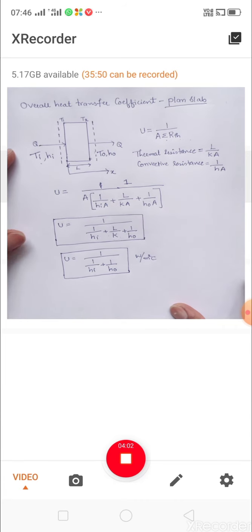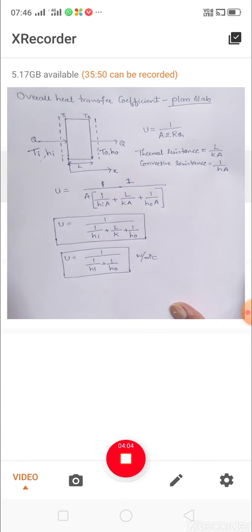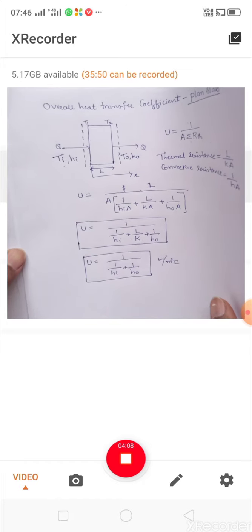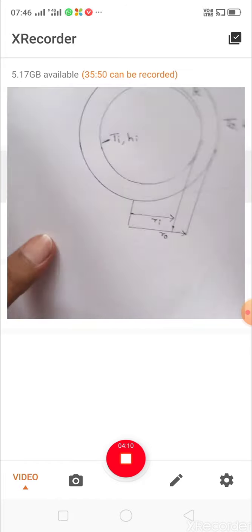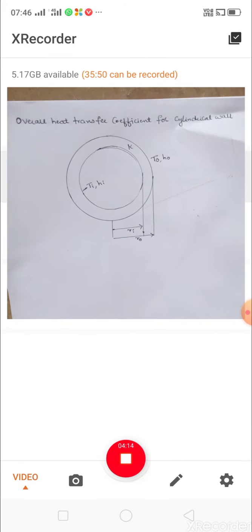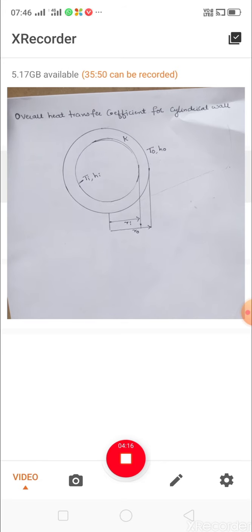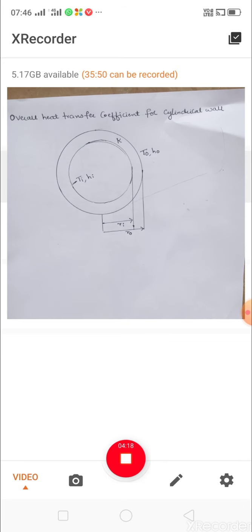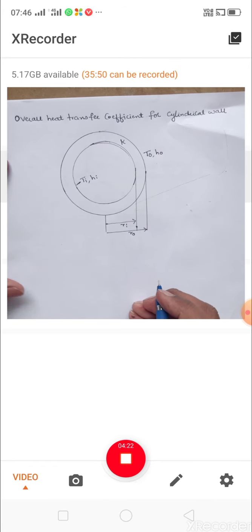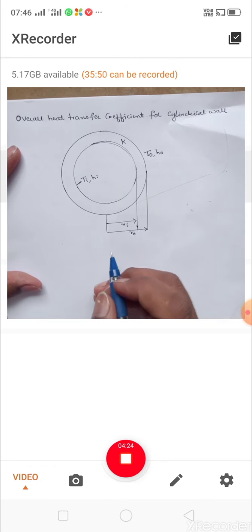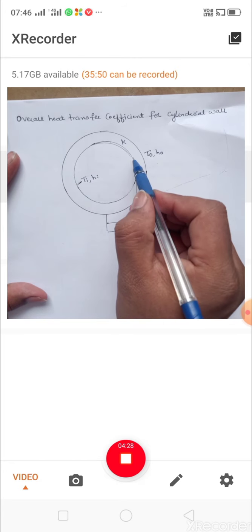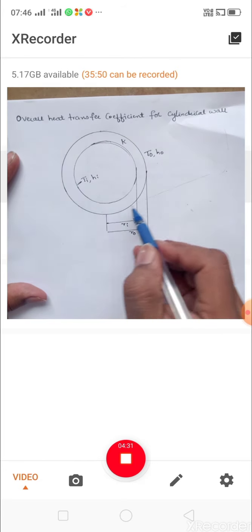So now we will study the overall heat transfer coefficient for the cylindrical wall. So this is the inner surface of the cylinder, whereas this is the outer surface of the cylinder.